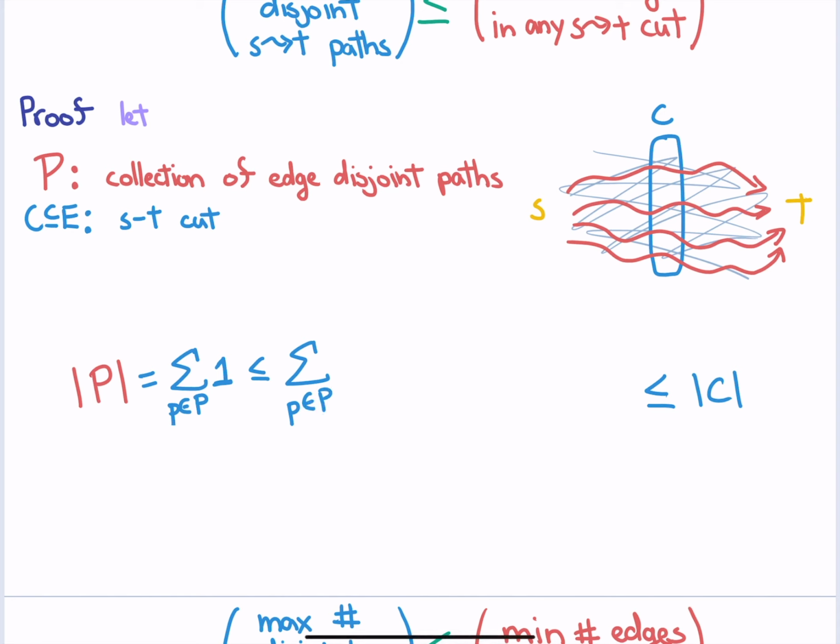So what do I know about the cut compared to, let's say, a single path, P? What do I know about the cut in the path?